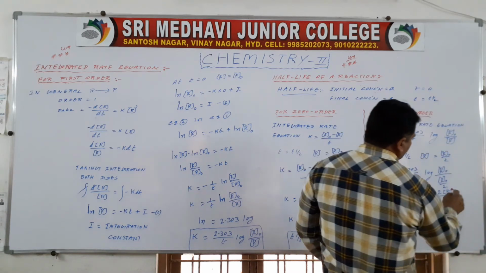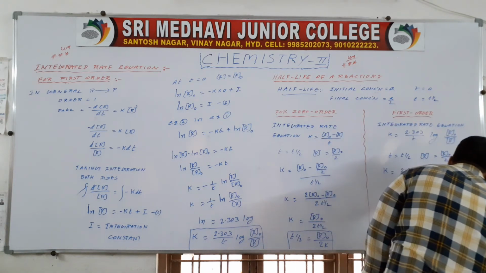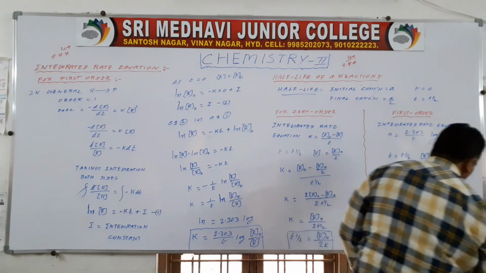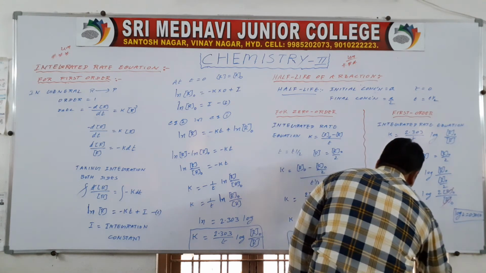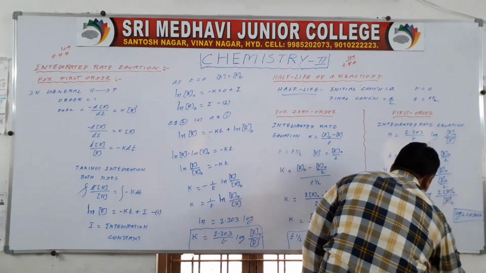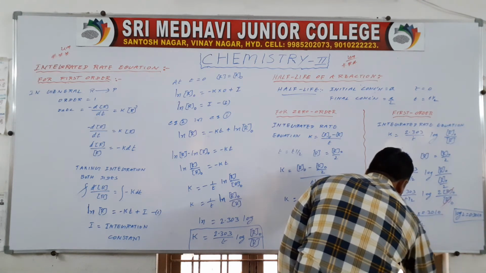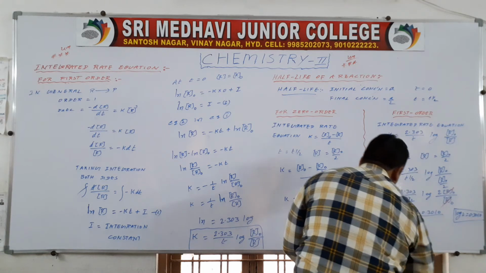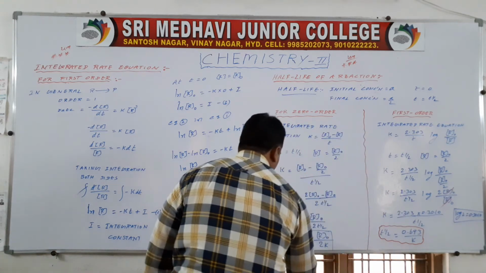R naught cancels, so log 2 equal to 0.3010. Substituting, k equal to 2.303 into 0.3010 by t half. Then t half equal to 0.693 by k. This is the half life of a reaction for first order.